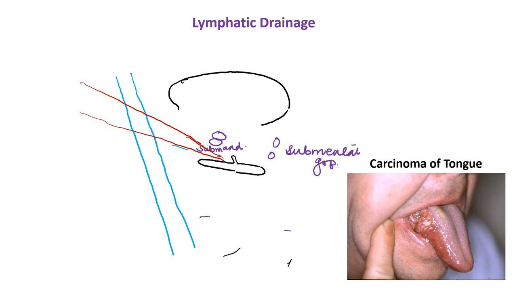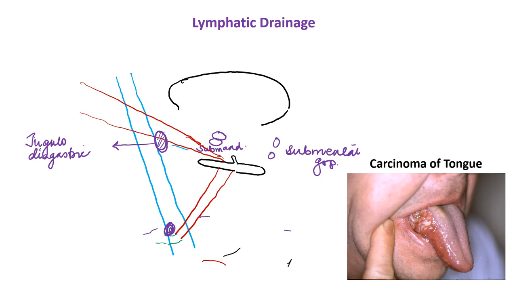It has a set of group of lymph nodes which are known as the jugulo-digastric group of lymph nodes. And where is present the intermediate tendon of the omohyoid, there is present another group of lymph nodes, the jugulo-omohyoid group of lymph nodes.